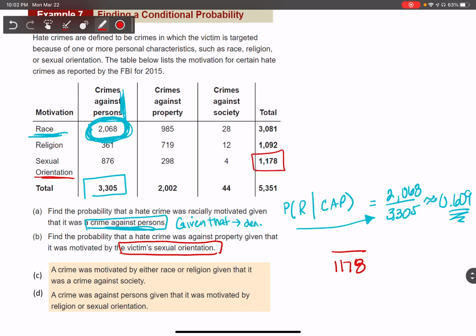And then it says hate crimes against property, given that it was motivated. So we're looking at property and sexual orientation. So that meets here. Sexual orientation and property, we are at 298. Divide those out and we get about 0.253.